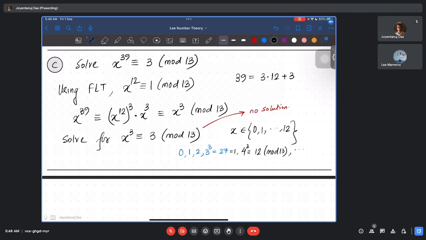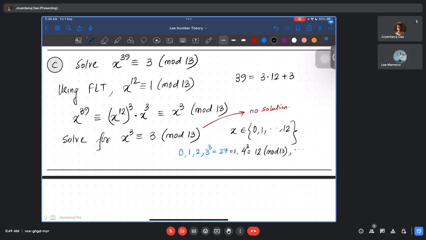So from 4 to 12 we have to check by cubing all of them that none of them equals 3 mod 13. So you test all the numbers and find out that there is no solution. Okay, I think that is fine.